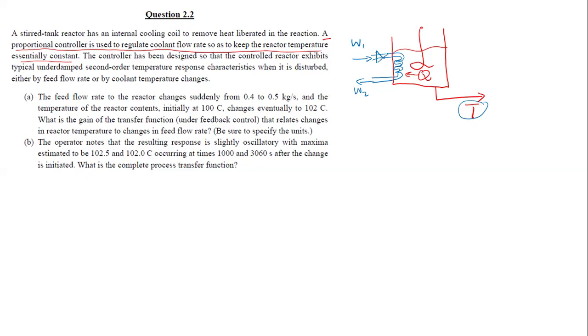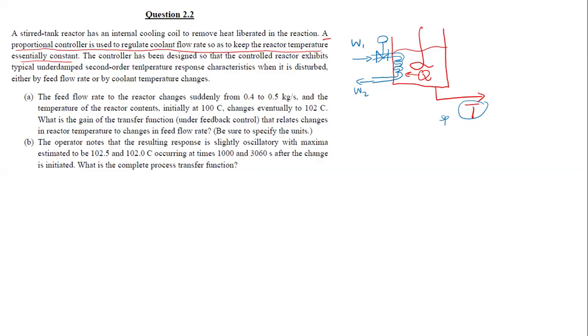Here we're going to have a valve, so the flow rate of this cold water will regulate the temperature that remains inside of the stirred tank reactor. So we're going to control the flow rate of the cold water. That's just how it works. So this is an objective. We need to determine the desired temperature, the set point. This is the set point of the temperature that we want to achieve.